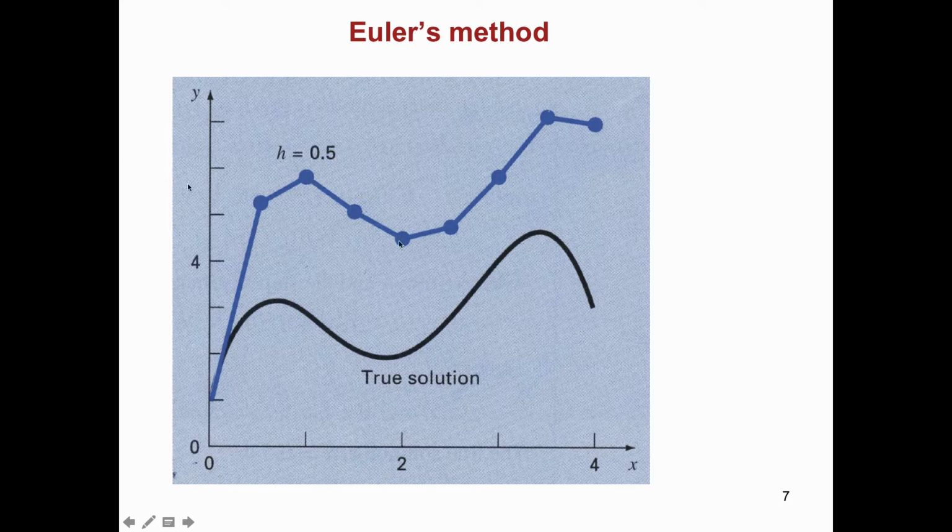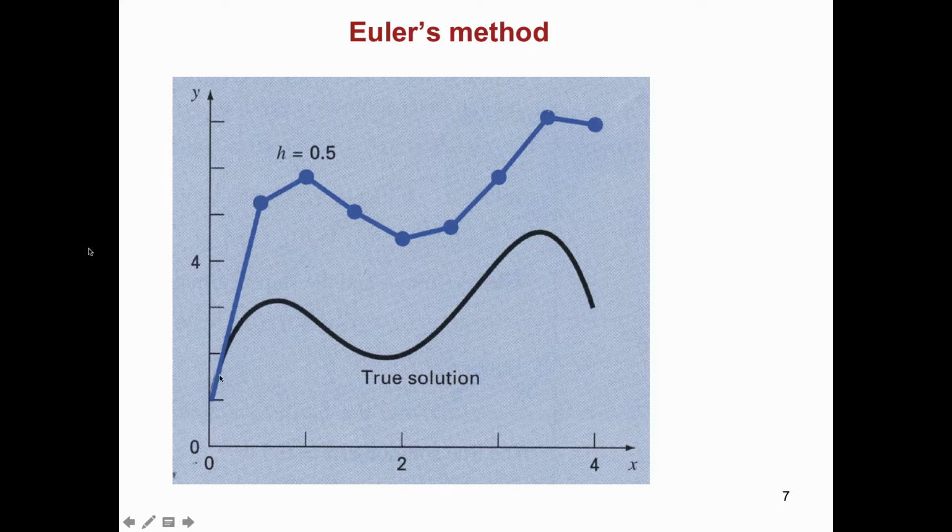Now, obviously, in this particular case, this doesn't look very good, right? So how do you think this improves? What's one thing that I can do to improve how close this solution is to the true solution? Are you happy with the step size h?